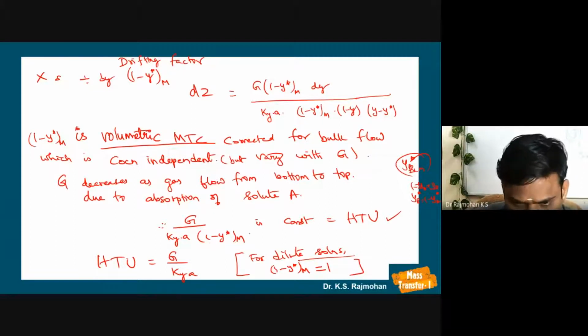Now this term can be simplified to write G by Ky a if this term turns to 1, almost equal to 1 for dilute solution. So the first half is this.